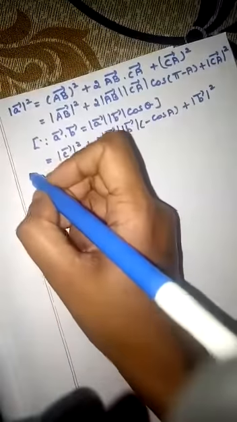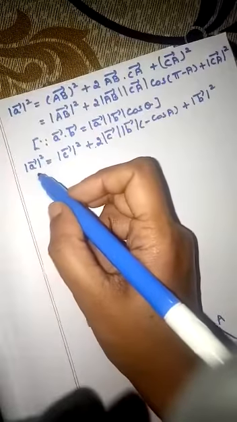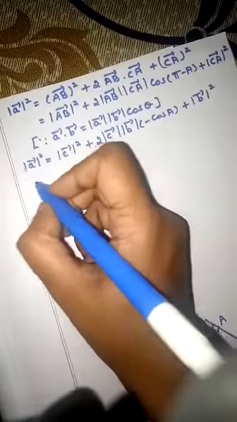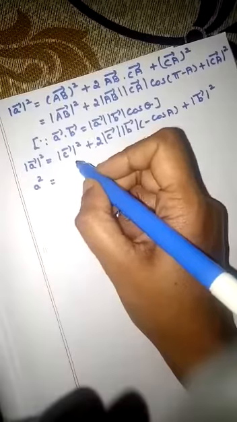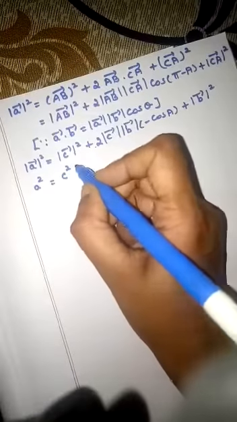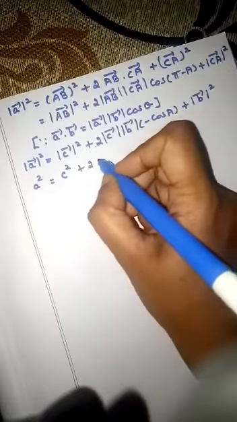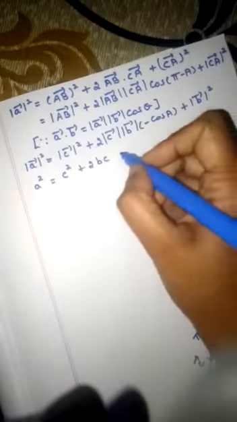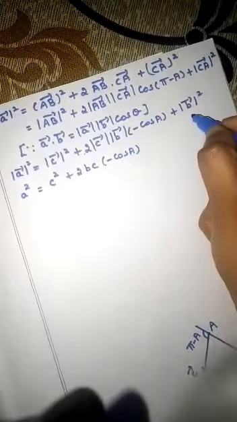Now in the left hand side we have modulus of A vector square. Modulus of A vector means simply A, the magnitude value. So A square equals, same way, modulus of C vector square can be written as C square, the magnitude value, plus 2 times BC, or CB you can write. I am writing BC. Then here we have a minus sign, so minus cos A. Here we have B square.